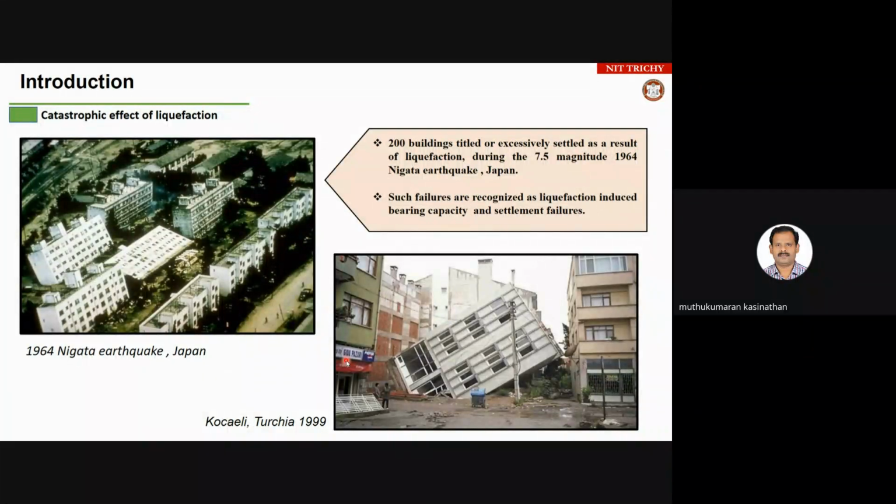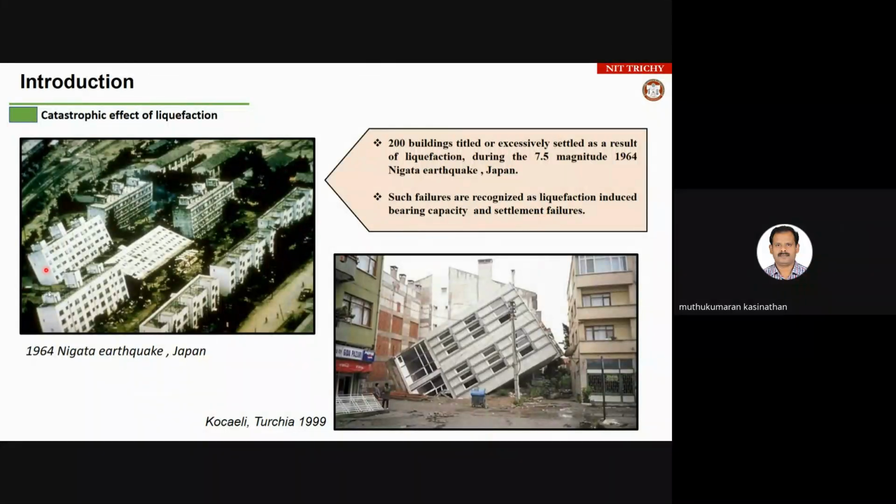These are some of the classical liquefaction-induced failures you might have already come across in many places. More than 200 buildings tilted or excessively settled as a result of liquefaction during the magnitude 7.5 1964 Niigata earthquake in Japan. Such failures are recognized as liquefaction-induced bearing capacity failures.